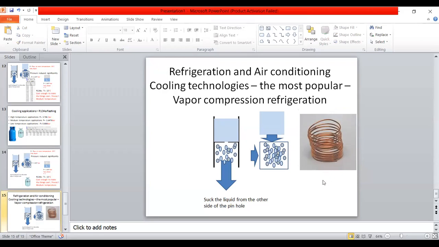So this we call capillary. And also there could be expansion valves. Expansion means the liquid expands and turns into vapor, a portion. The expansion valves.